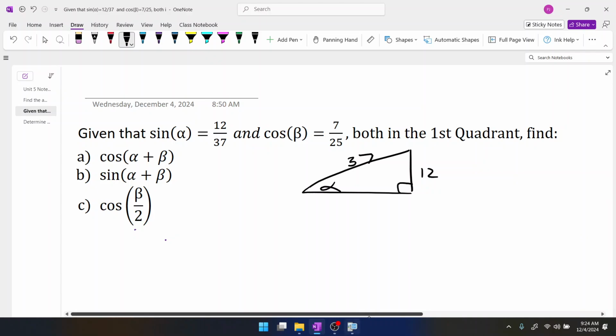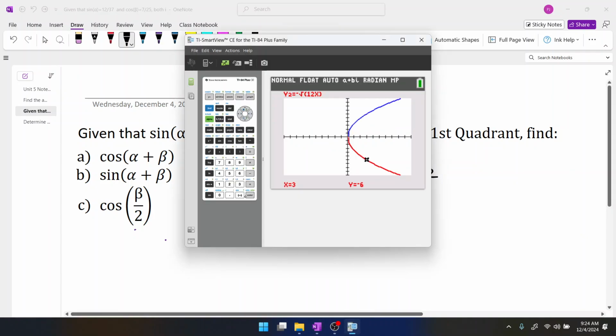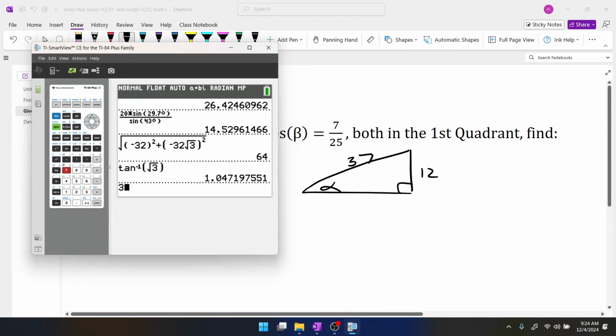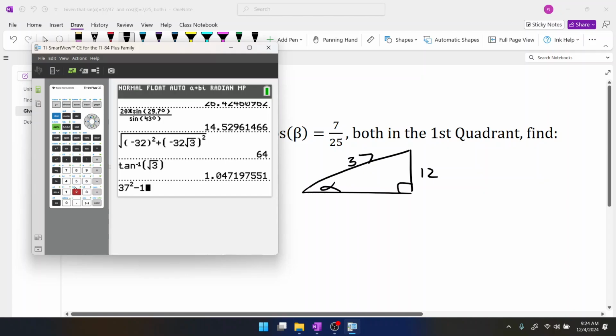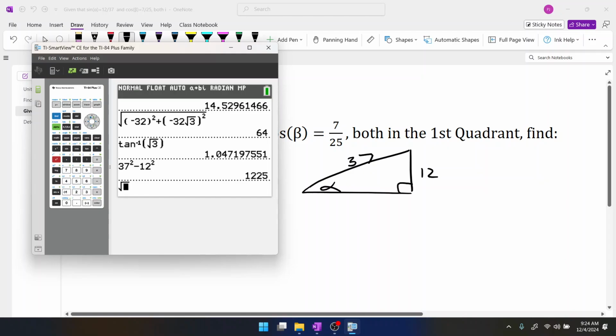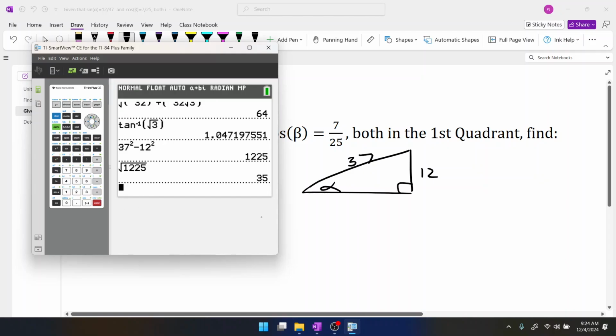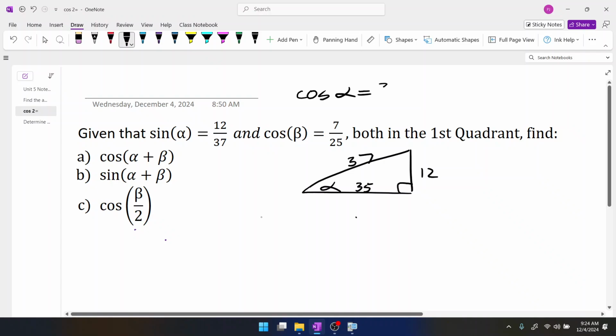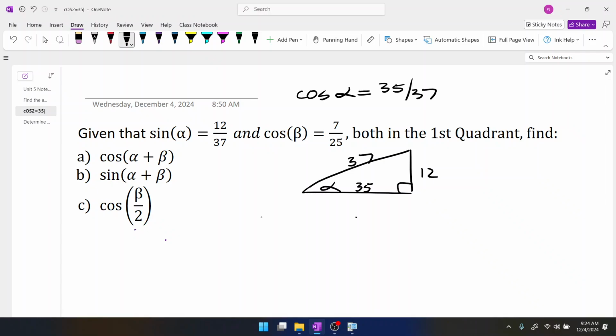So we find the missing side simply by taking 37 squared minus 12 squared, and that's 1225. Well, the square root of 1225 is simply 35. So basically, cosine of alpha is going to be 35/37.